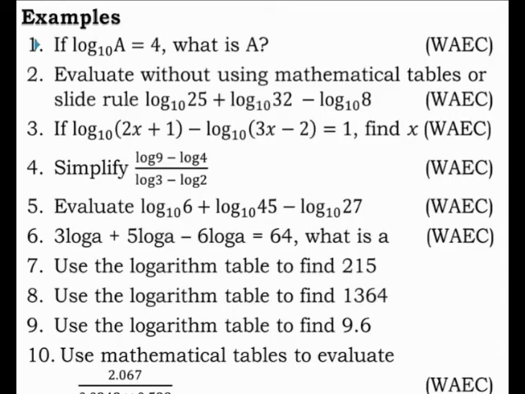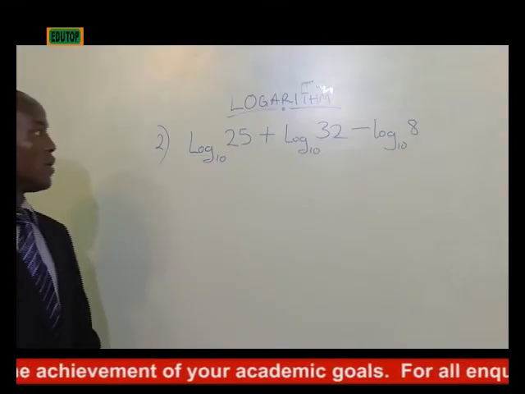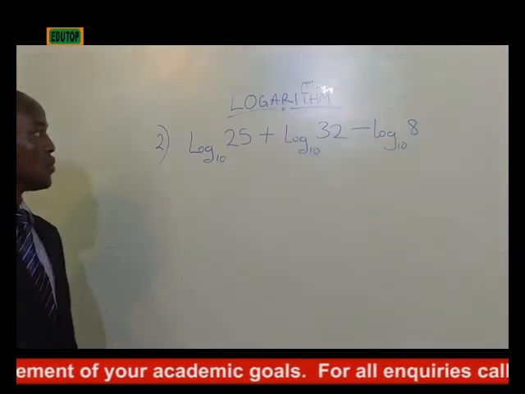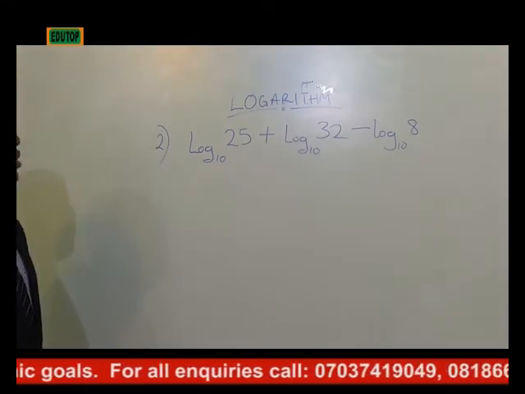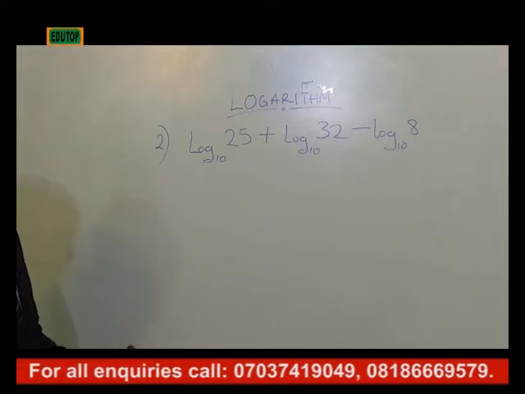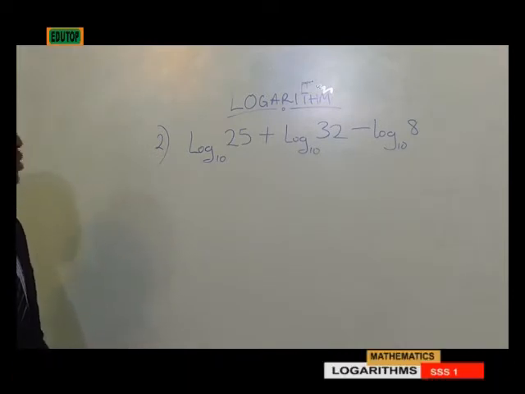Example number 2. Evaluate without using mathematical tables or slide rule. Log 25 base 10 plus log 32 base 10 minus log 8 base 10. Here we are going to make use of law 1 and 2, where addition is the same thing as multiplication and then subtraction is the same thing as division.